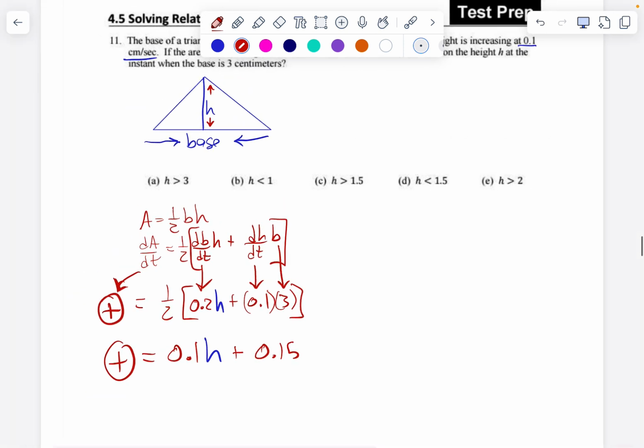So now you can't really calculate this, right? I mean, I suppose you could if you subtract 0.15 and divide by 0.1. But since we have all these options, we can just plug them in and see. So if h is greater than 3, this is positive. If h is less than 1, is it still positive? So I'm just going through the answers.